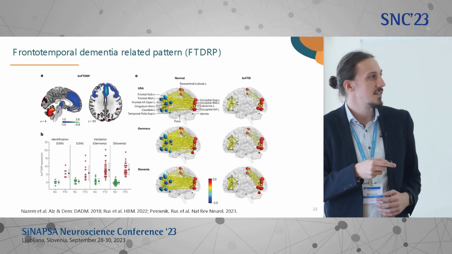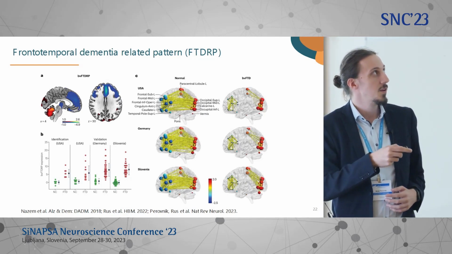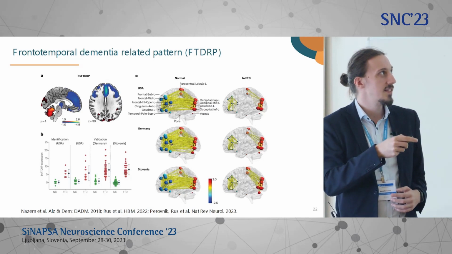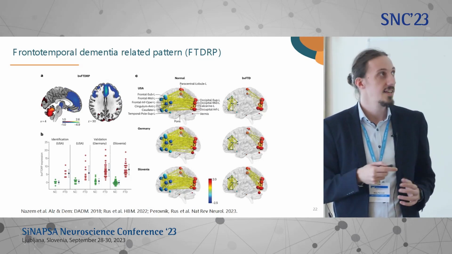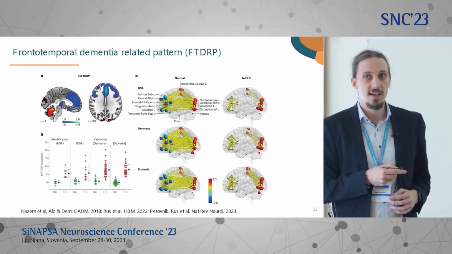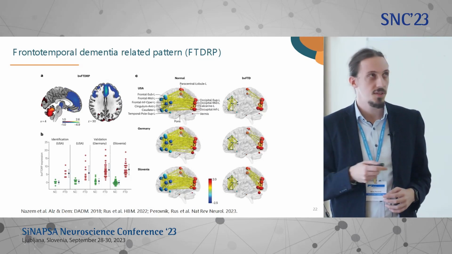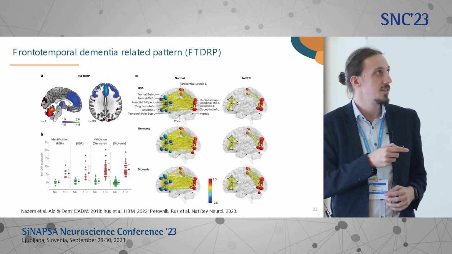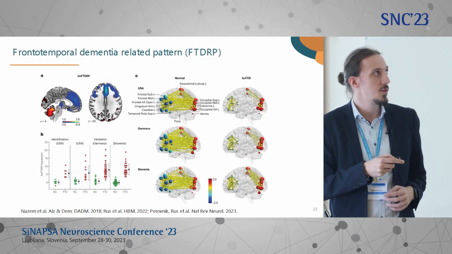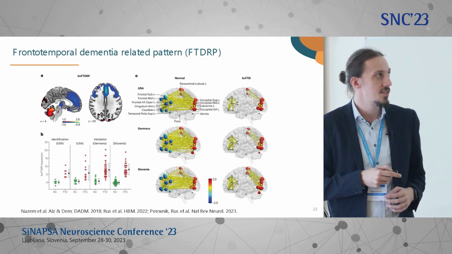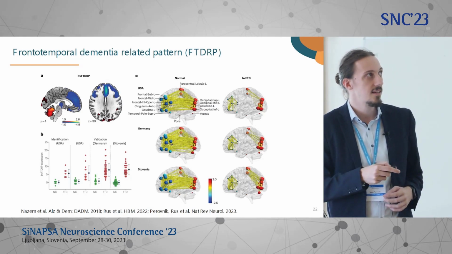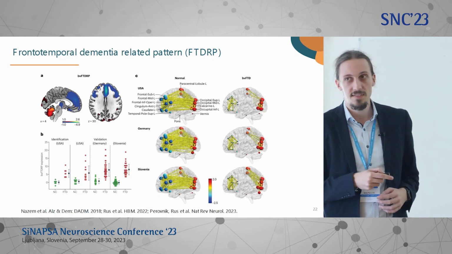So I'm showing here some nice work from Tomasz, who looked at how the connectivity inside of this FTD pattern is changing by applying graph theory, which is a form of discrete mathematics, in which we define the nodes, and we see how these nodes are connected in healthy individuals, and then they become disconnected in patients with FTD.